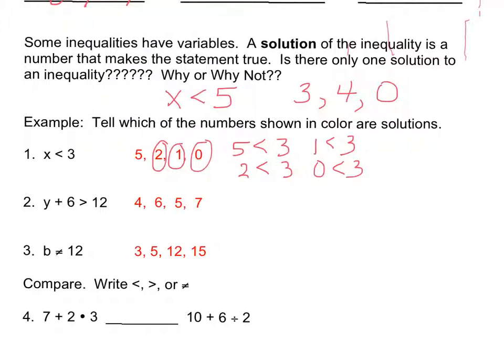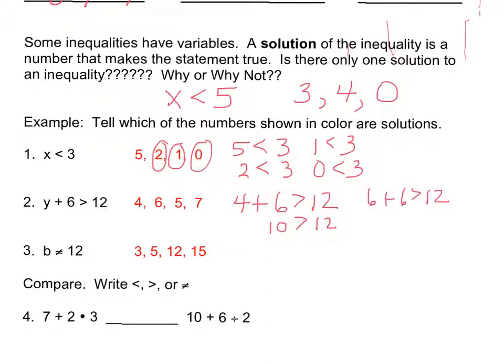Number 2, I'm going to plug in 4, 5, 6, and 7 for y. I'll start with 4. 4 plus 6 is greater than 12. Well, I know 4 plus 6 is 10, and 10 is not greater than 12, so that doesn't work. If I try 6, 6 plus 6 is greater than 12.